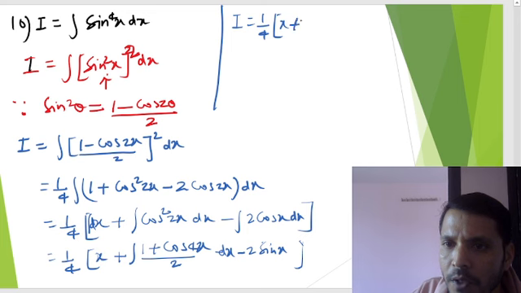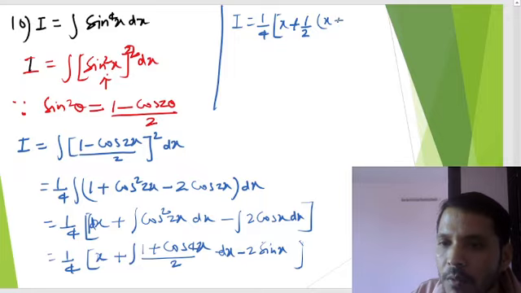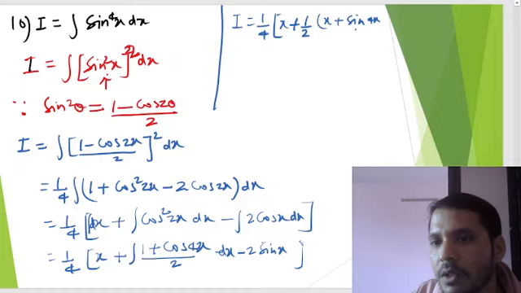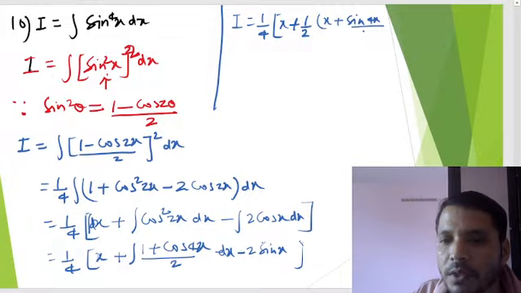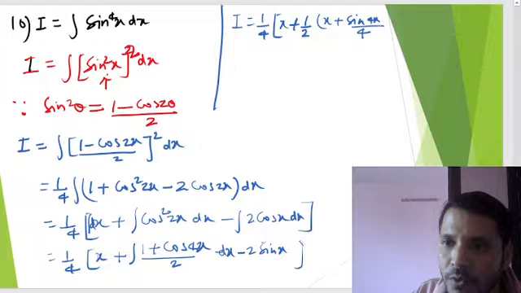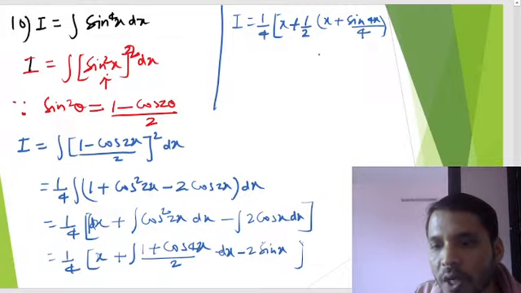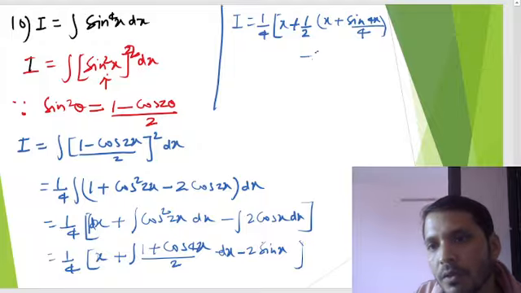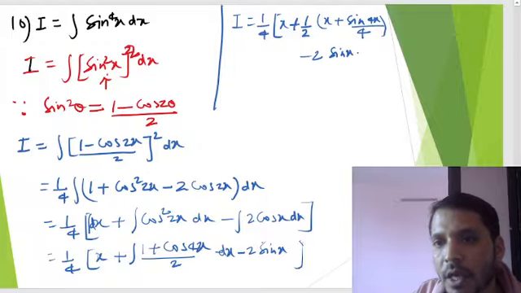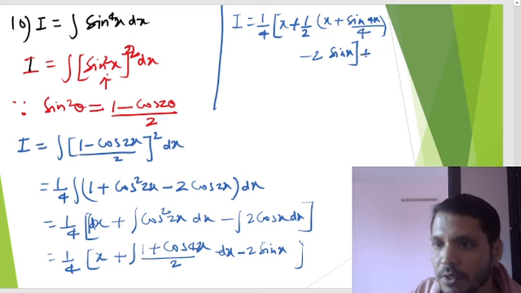So I is equal to, we can say 1 by 4 common, and here x and 1 by 2 outside, and here integration of this is x and this is plus sine 4x. Cos 4x integration is sine 4x divided by 4. This is this part. And now next, minus 2 sine x, bracket close plus c.